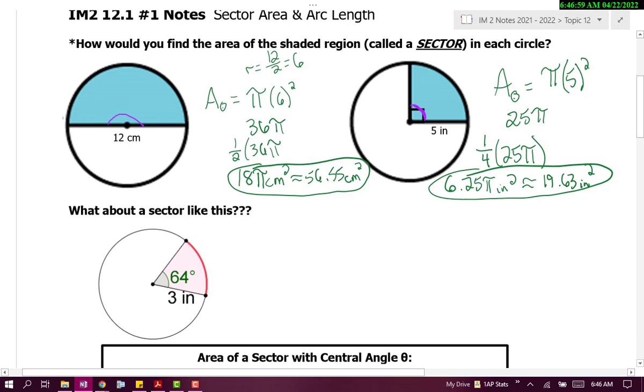We had the measure of this angle in the second one, that's 90 degrees. So we really put 90 over 360, which is the 1/4, and we did 180 over 360 equals that 1/2. So that's how we got those. So we can do the same thing. It won't look as nice.